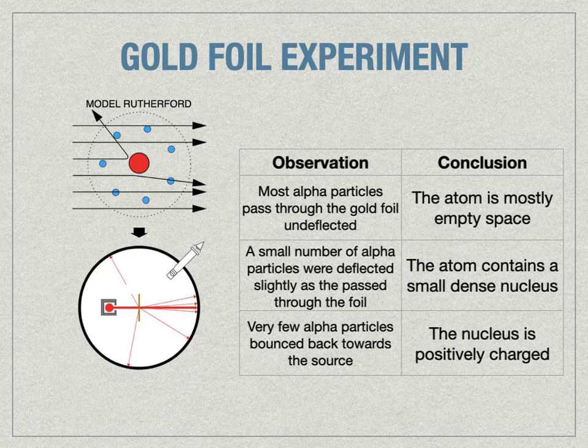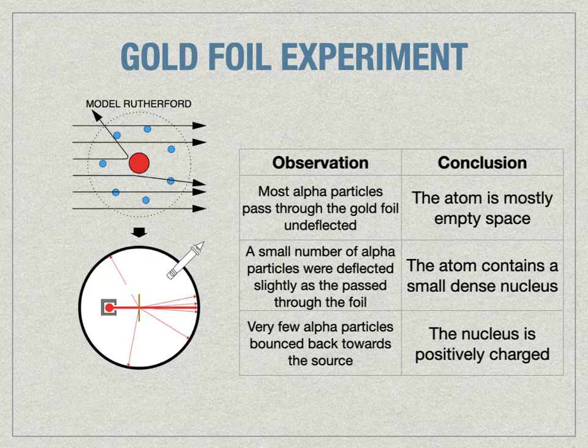Now, the deflections can also tell us something about the charge, but only if we know how the alpha particles are approaching the nucleus. So in the diagram on the left here, as the alpha particles approach the nucleus, because they are repelled, that particle is deflected down. Were it deflected up, that would tell us that the nucleus is negatively charged, because your particle, as it's moving really fast past the nucleus, is drawn towards it.